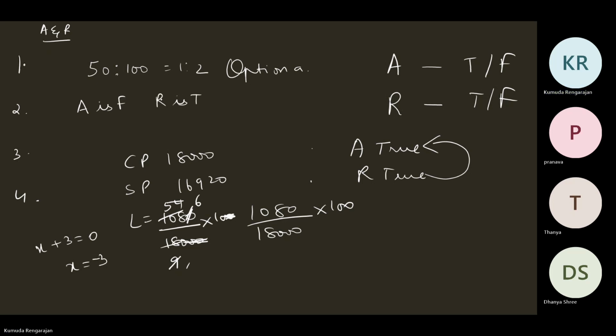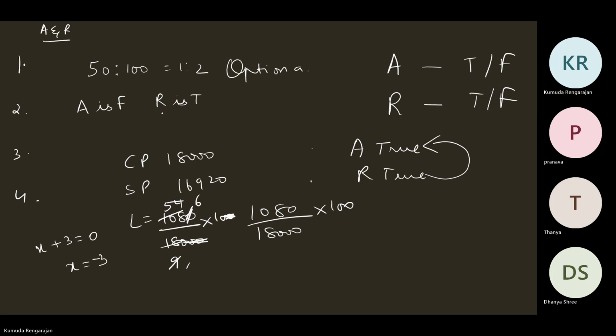Next one. Simple interest on 100 rupees for 1 year at the rate of 3 paise per rupee per month is rupees 20. Simple interest is a method of calculating the charge on a loan. We have to calculate this.